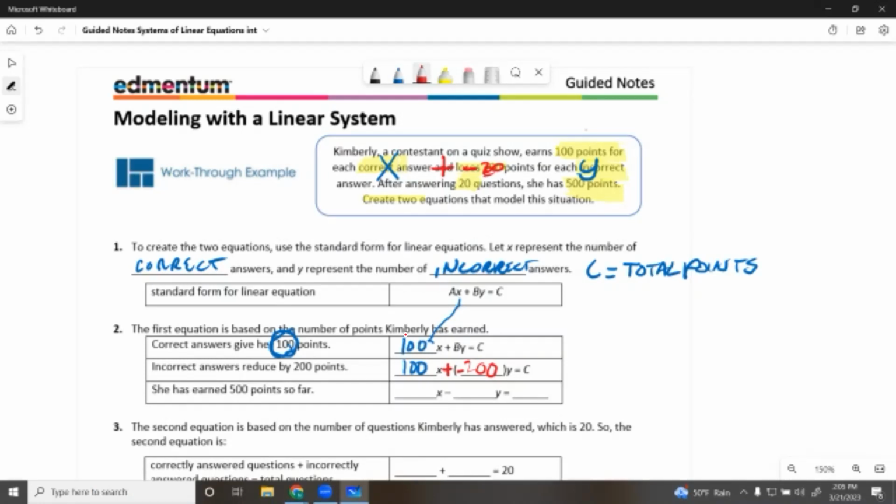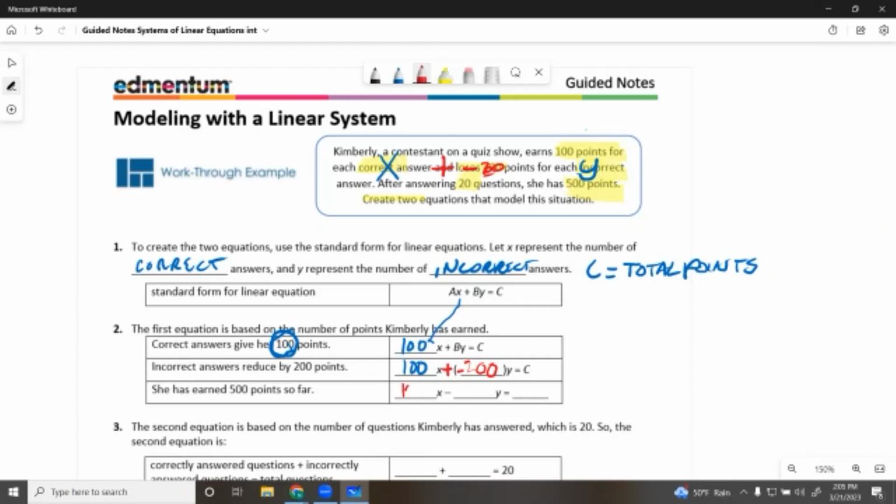I have $100, I add owing somebody $200. So adding a negative 200 is the same as saying 100 minus 200.